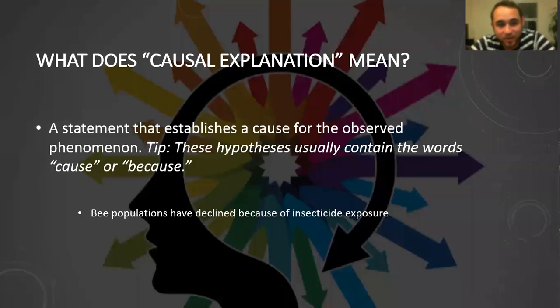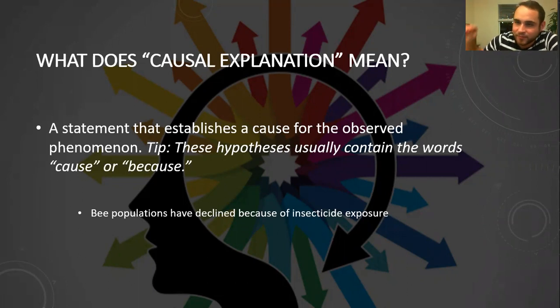Well, a hypothesis, or causal statement, means that it can be tested. It can be proved either wrong or right. You can do an experiment and prove if it's wrong or right. So for example, for the bees, we wanted to see if pesticide exposure killed them. We could put some bees and expose them to the pesticide and see if it kills them or not.